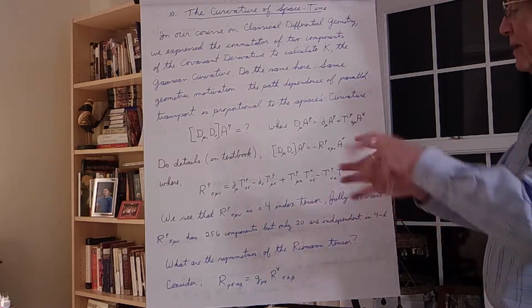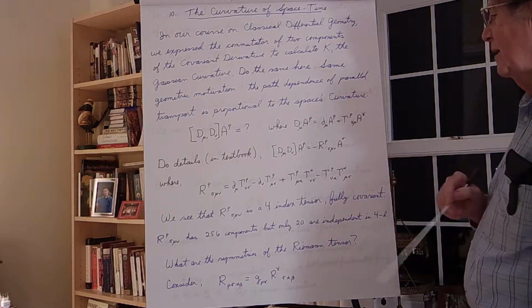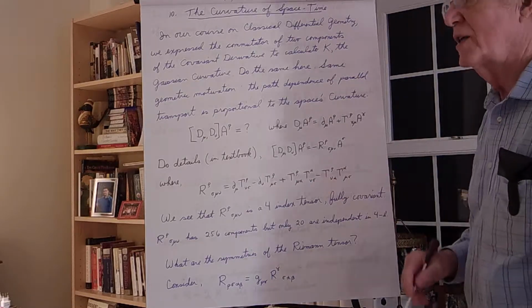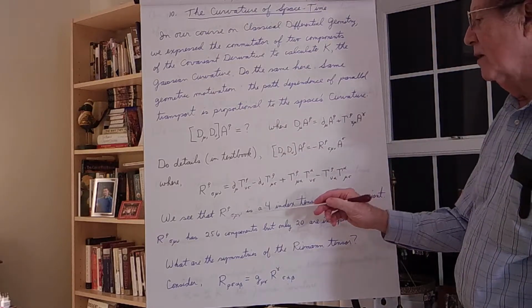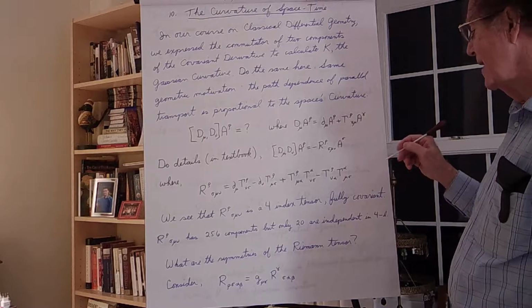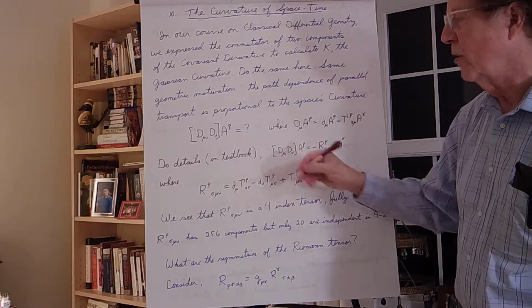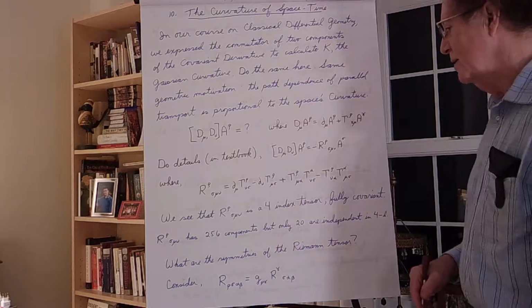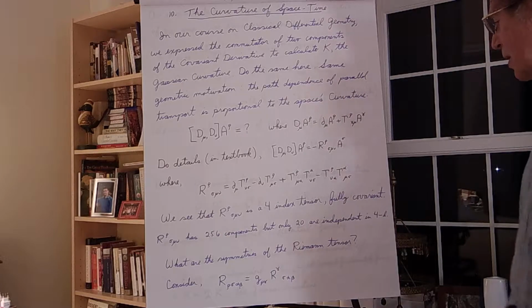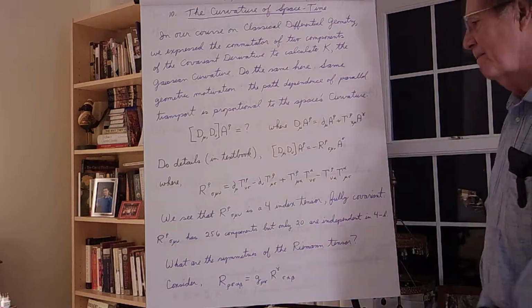All the nitty-gritty of my choices of coordinate system cancel out in these various terms, and the left-hand side is something very significant. We see that this is a Riemann curvature tensor. It's a 4-index tensor. It's fully covariant. It has 4 times 4 times 4 times 4 components, 256 components. But in fact, only 20 of those are independent because there are various symmetries at play here.